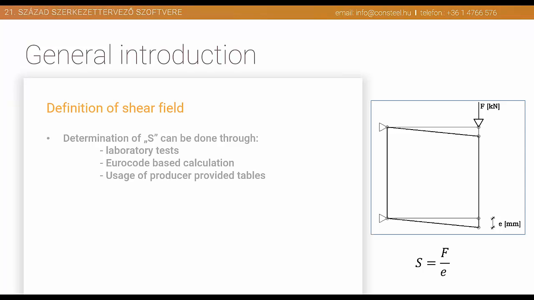The second approach, which is already applicable for everyday design, is to use formulas included in Eurocode. The formulas are pretty complicated, so although they exist, it's not an easy task to work through the calculation and come to a usable value.